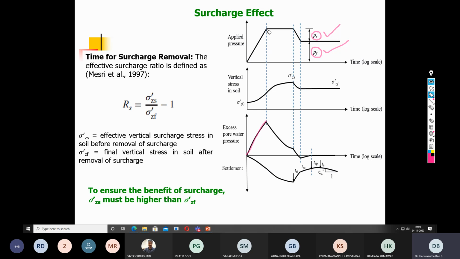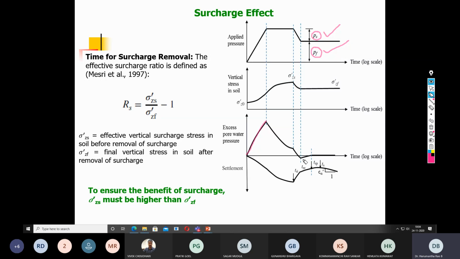When you maintain the surcharge load for a prescribed period, the entire excess pore water pressure gets dissipated. And when you remove a certain amount of surcharge load, it reflects as a decrease in the excess pore water pressure.